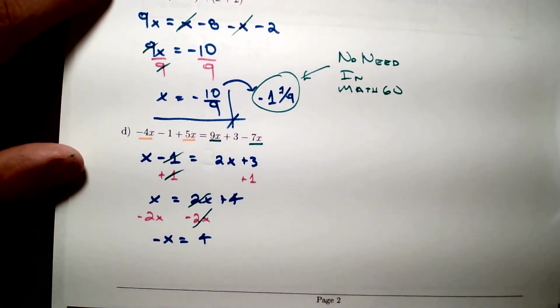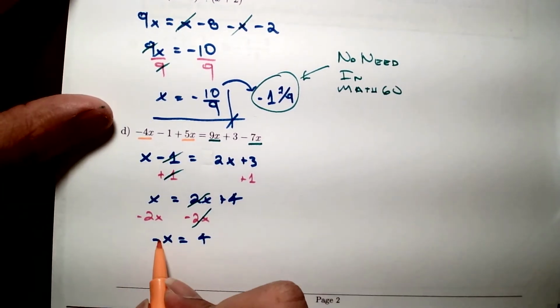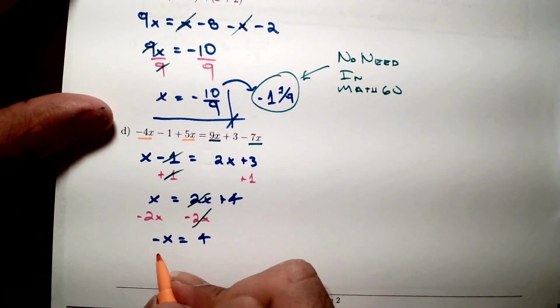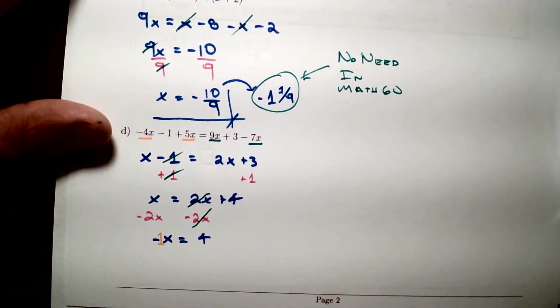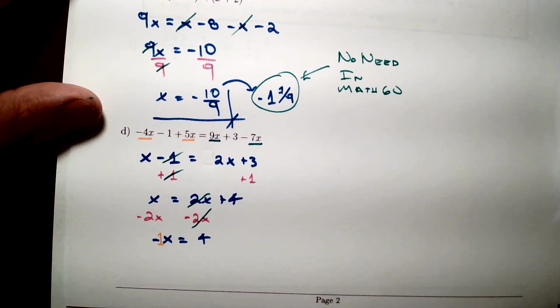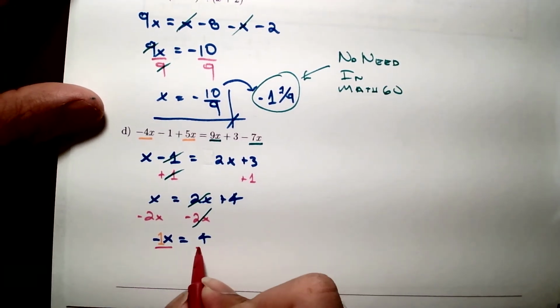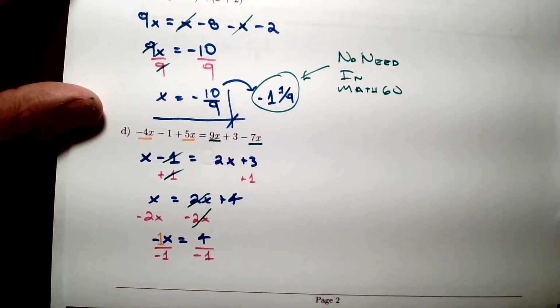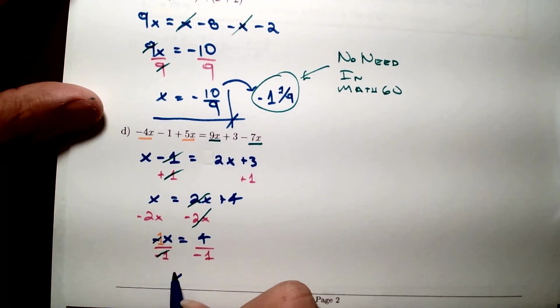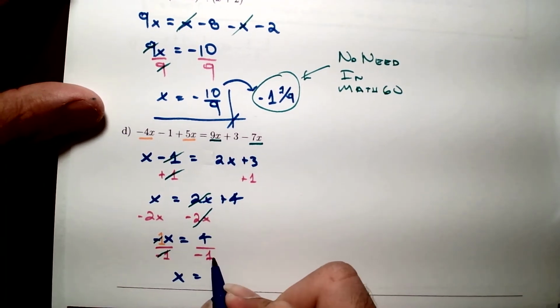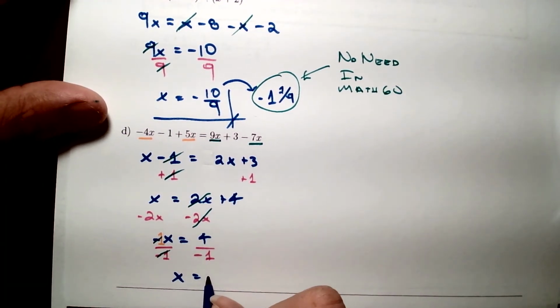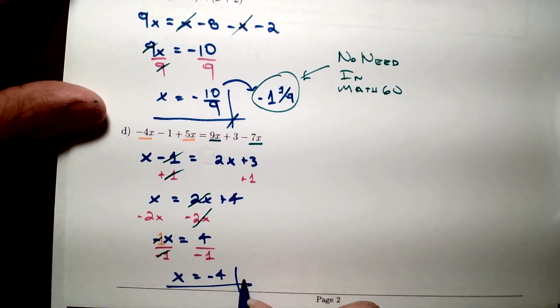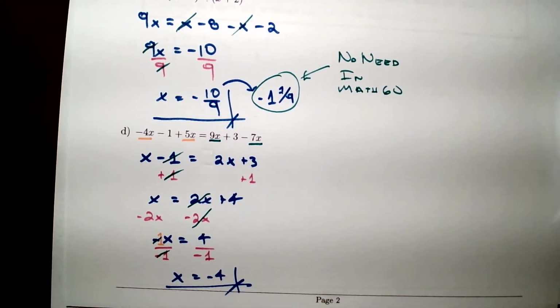Keep in mind that when you have that negative without any number, we have a negative 1, an invisible negative 1. And when we get x by itself, we need to divide both sides by negative 1. That way these cancel. And as a final answer, we get x equals 4 divided by negative 1, which is negative 4. And that's our final answer for this case.